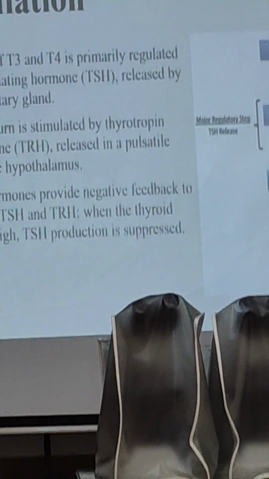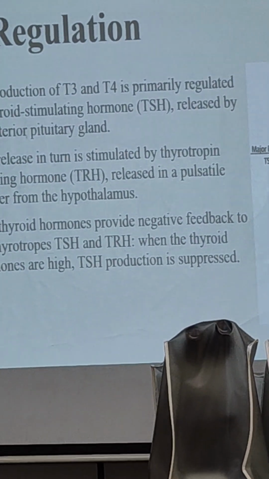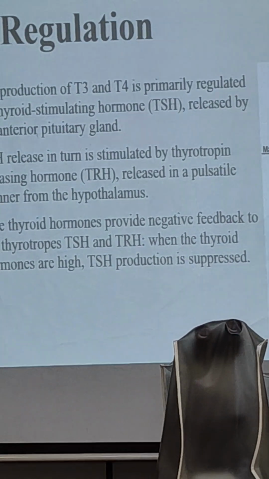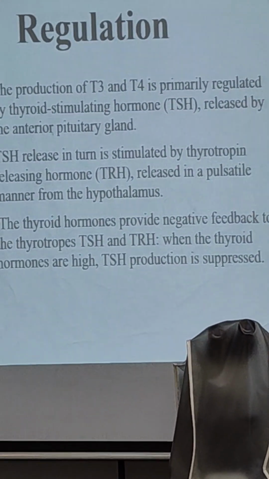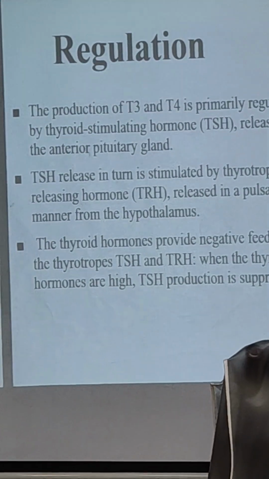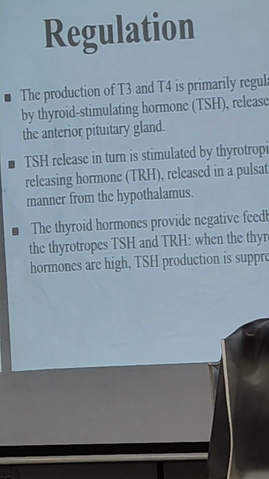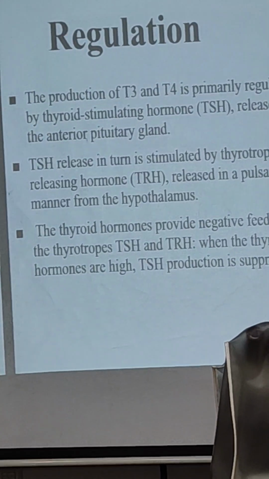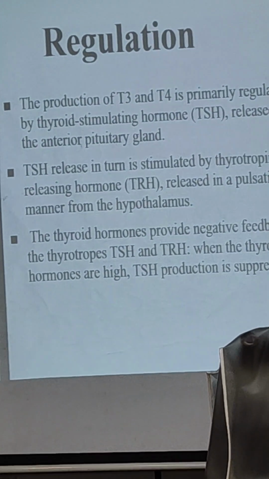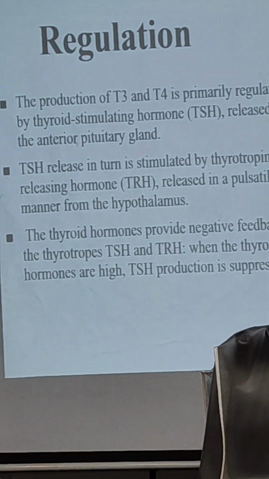Because in some cases there is a problem regarding the production of the hormone, if you measure T3, maybe this problem is not detectable. Even a small alteration in the function of the thyroid gland can change the concentration of TSH. So TSH is the best marker to evaluate the function of the thyroid gland.